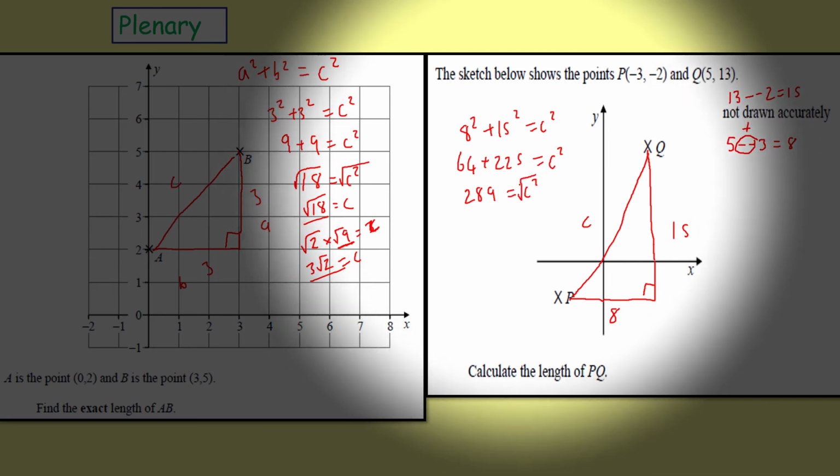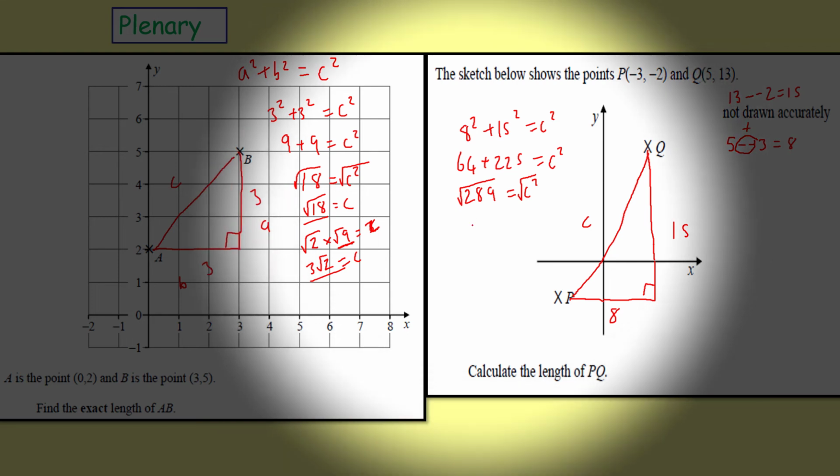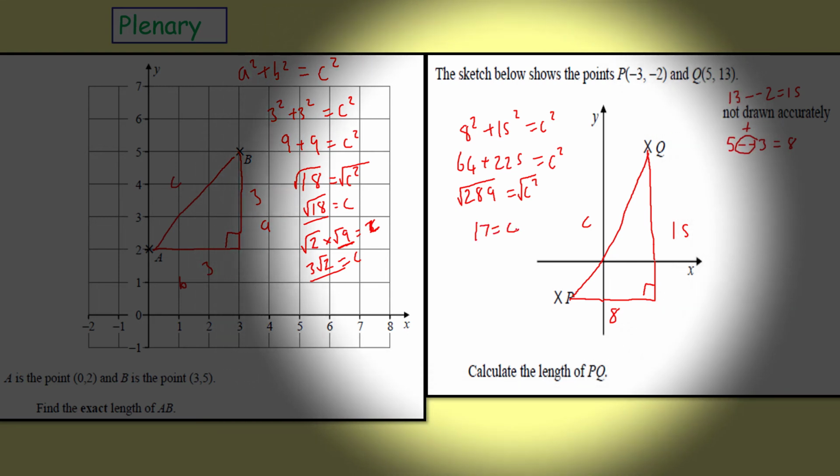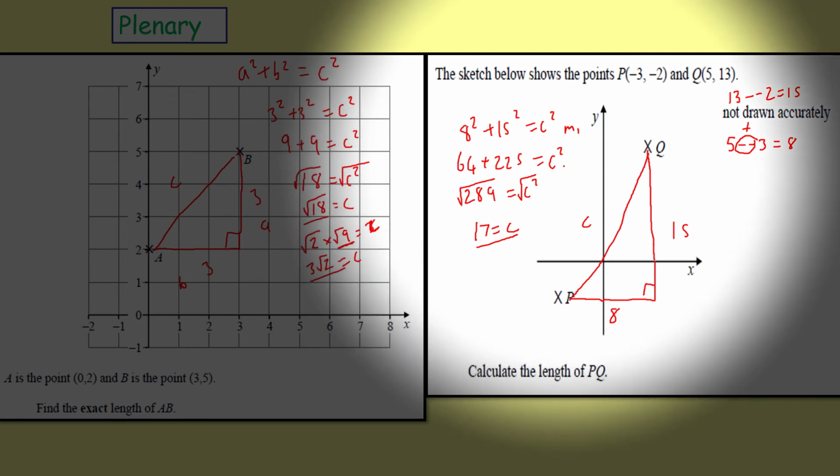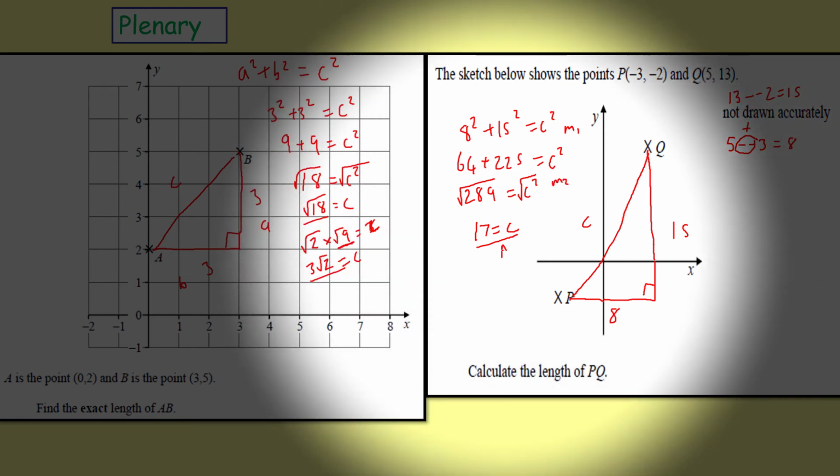You've got to square root both sides. And I believe that is 17 equals c. And that will be the correct answer. That's probably going to be worth 3 marks. Probably an M1 here, that's your M2, and that's your answer mark.